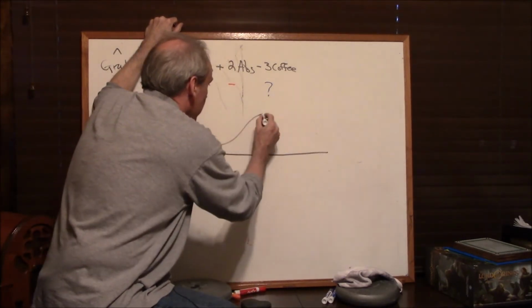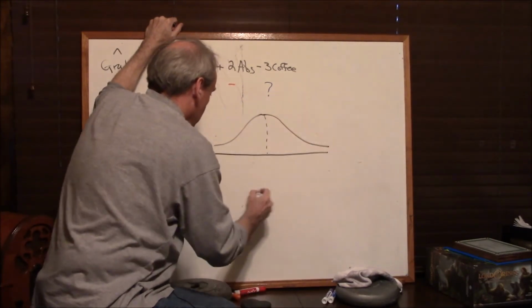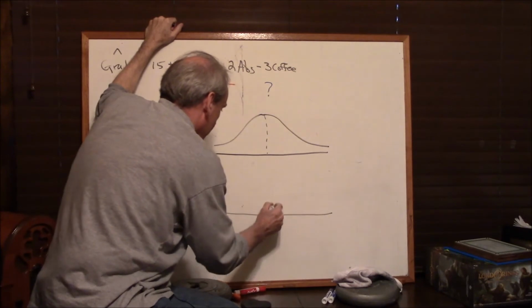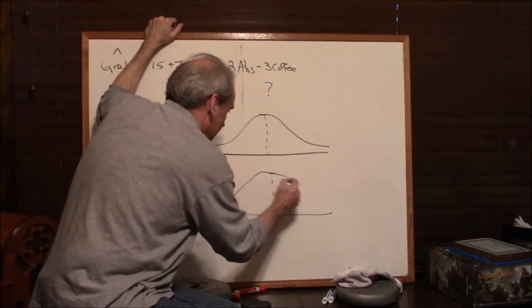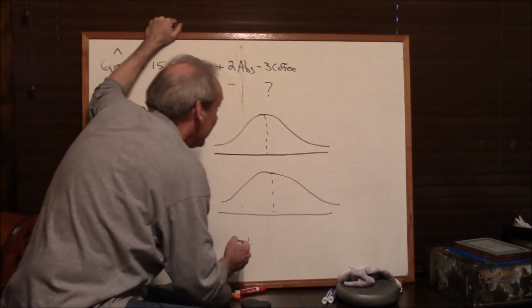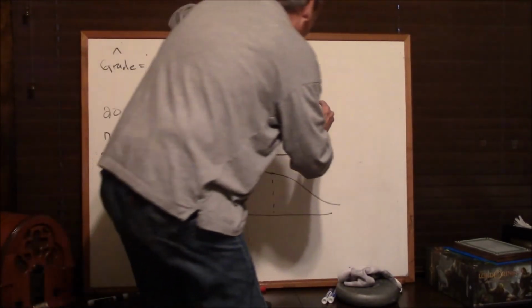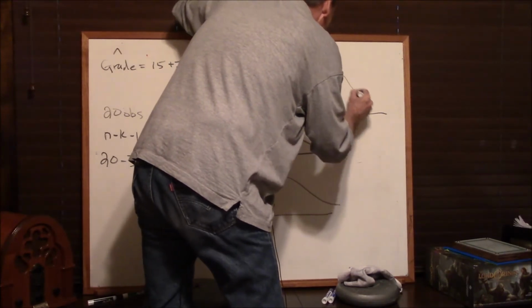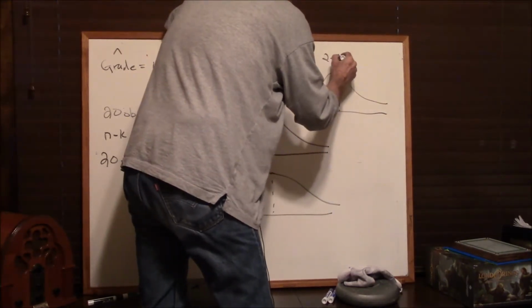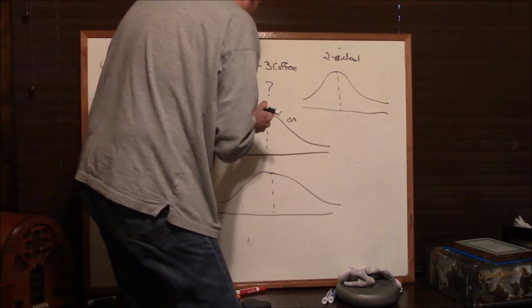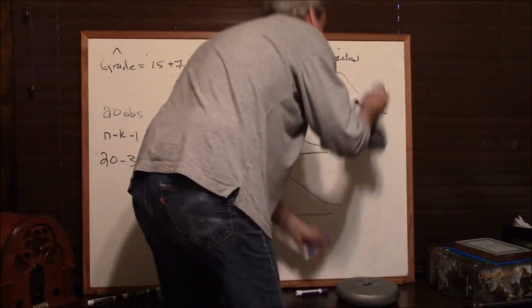Hey, that's a good idea, John. Let's do this. Let me do this. That was a terrible one, sorry. Dang, I'm almost out of room. Let me put one over here. Okay, that's going to be my two-sided. This is going to be my one-sided. Let me do it in the same color as I was doing for those tests over there.